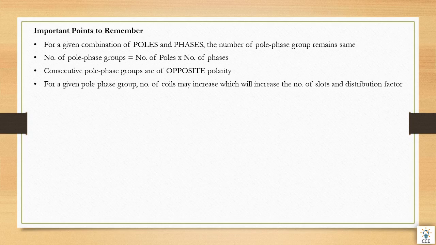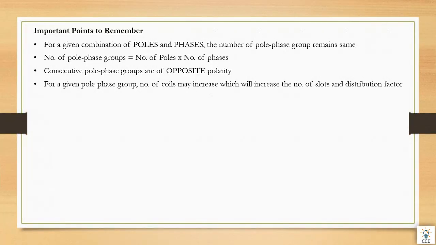Now, for a given pole phase group, the number of coils may increase, which will increase the number of slots and consequently the distribution factor. Distribution factor, if you don't know, is another subject discussed within electric machine design. But if the size of the machine allows you to increase the number of slots, it is better, to have a more sinusoidal shape of the mmf in the air gap.